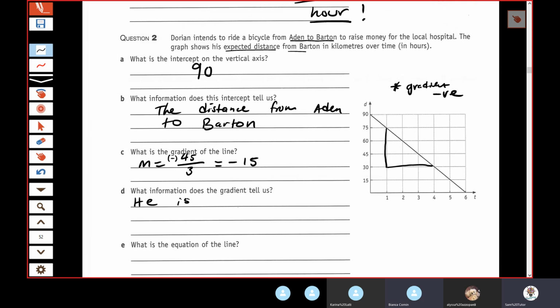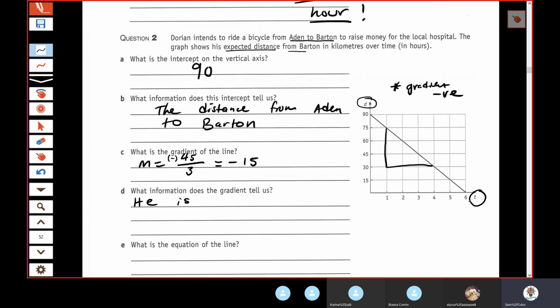Correct. And what's the single word we use to describe what you just said? It starts with S. D, distance.